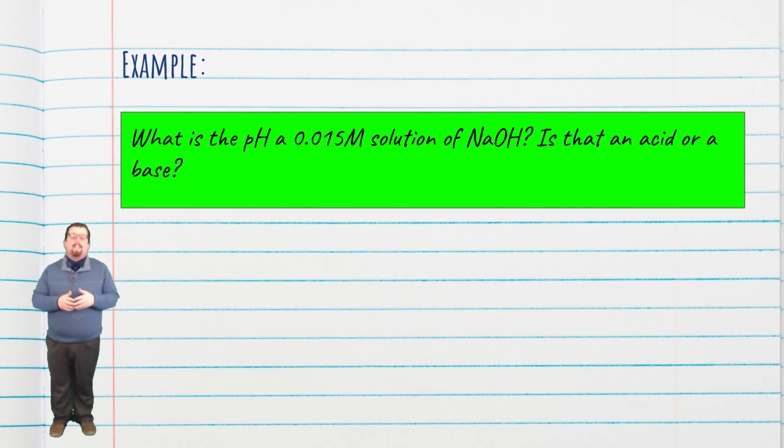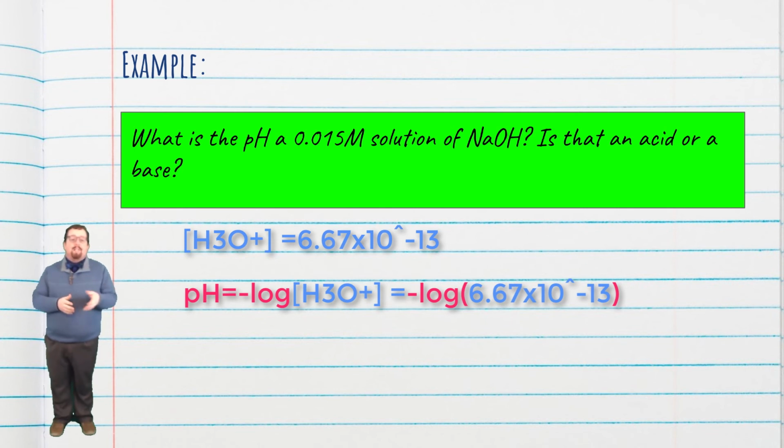For this example, let's keep on keeping on with our original problem. We calculated that the hydronium concentration for a 0.015 molar solution of NaOH is equal to 6.67 times 10 to the negative 13 molar. So what's the pH? All you do is take the negative log of 6.67 times 10 to the negative 13.